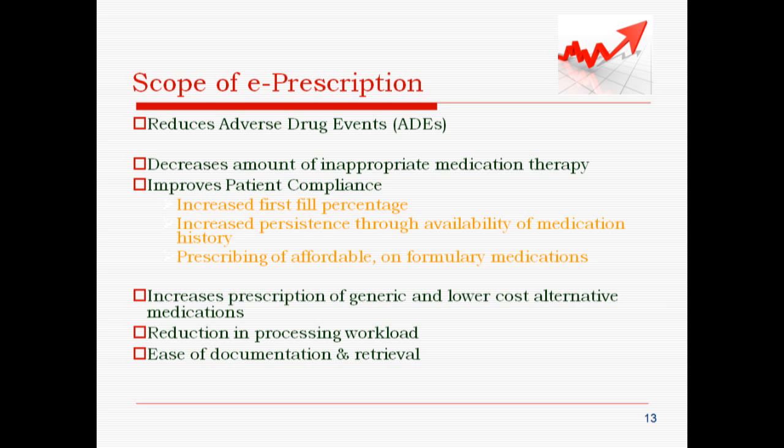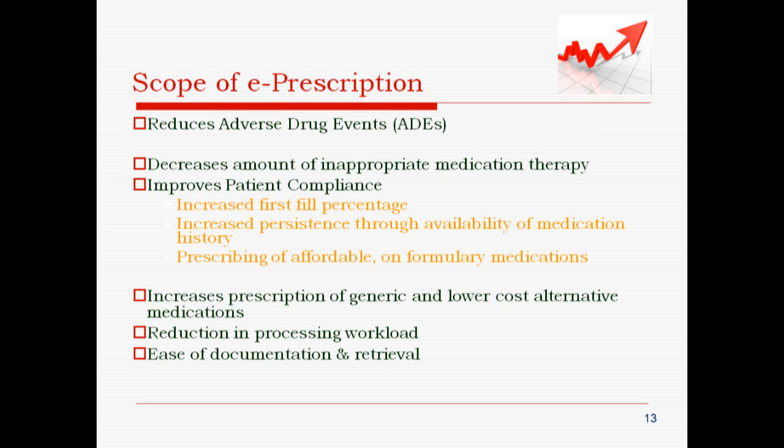Moreover, the drug interactions have already been highlighted, so the patient can avoid such interactions. Moreover, the calling back and communication error between the prescriber and the pharmacist can be overcome. So for a few reasons, there are reduced chances of adverse drug events with the electronic prescription as compared to the normal prescription.